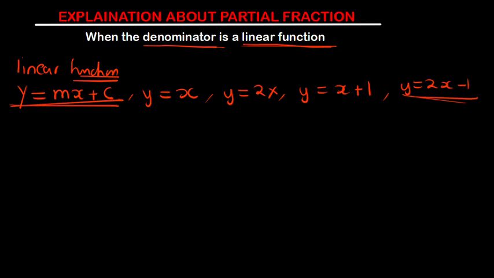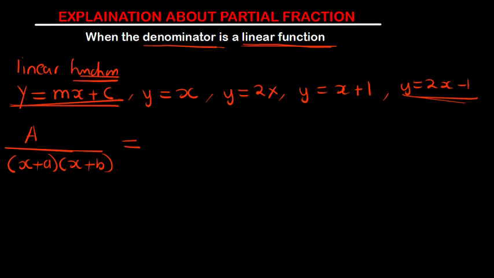You have been given constant numbers, and down below you have the linear functions, which are x plus a and x plus b. Now we are expressing this in partial fractions.